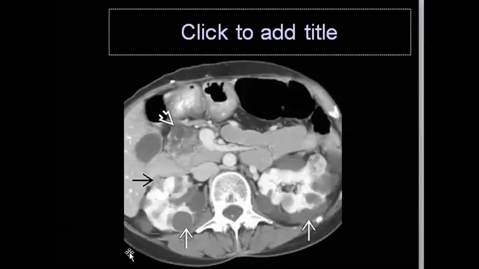This one I think is a bit easier. Yes, you will mention that it is probably bilateral multiple cysts.